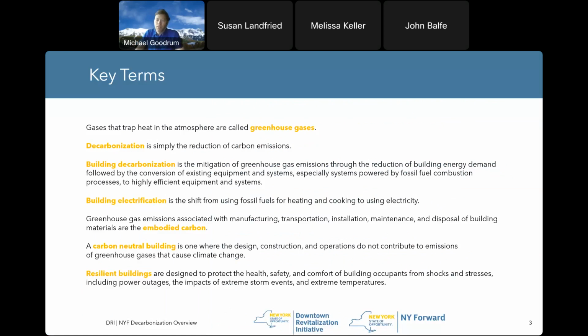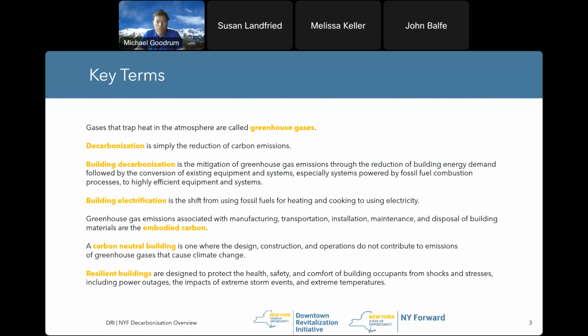Getting started, some key terms to think about as we were talking about decarbonization. Gases that trap heat in the atmosphere are called greenhouse gases, or now often they're considered carbon emissions, and decarbonization is basically reducing carbon emissions.